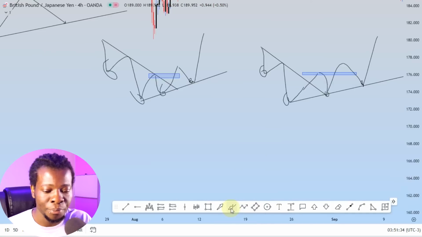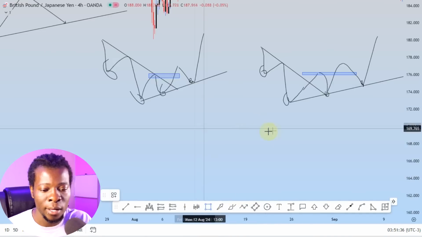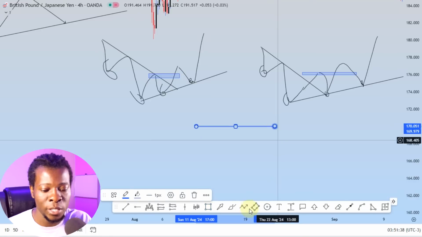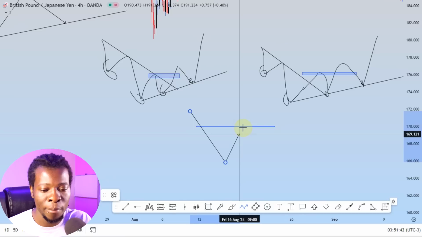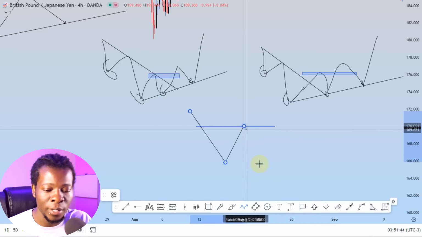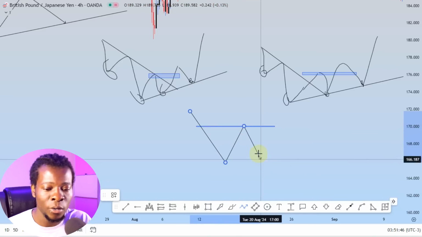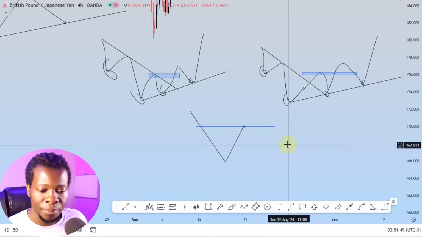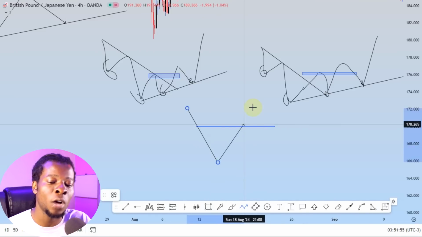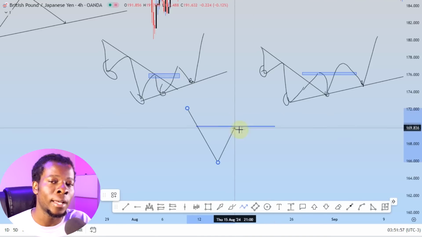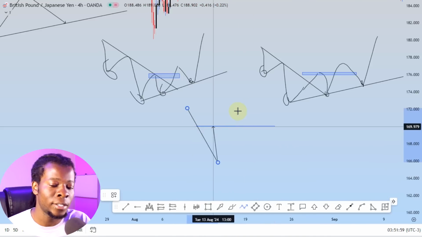Let's say we had our resistance level right there, then you see price doing this, came down, went up, and now did this. In fact, let's just do this. You see price did this and just broke out over this level, this high.